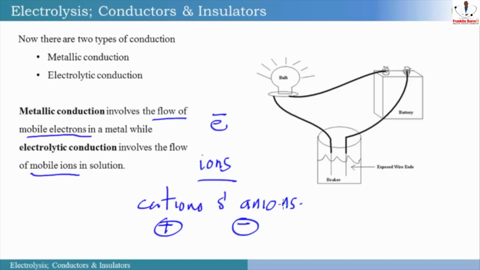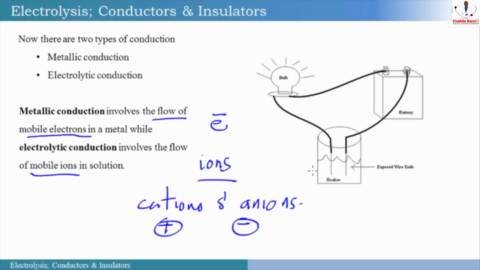So if a substance is to be classified as a conductor, then that substance must be able to conduct either electrons or ions. If it does so, then it is classified as a conductor. If it will not allow electrons or ions to flow through it, then it is a non-conductor.